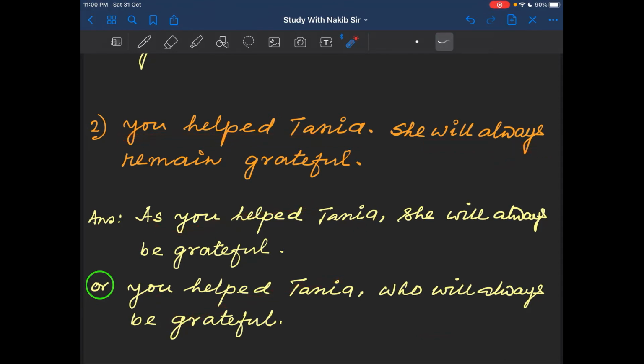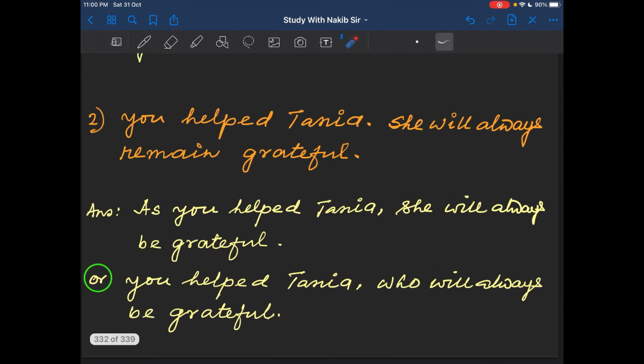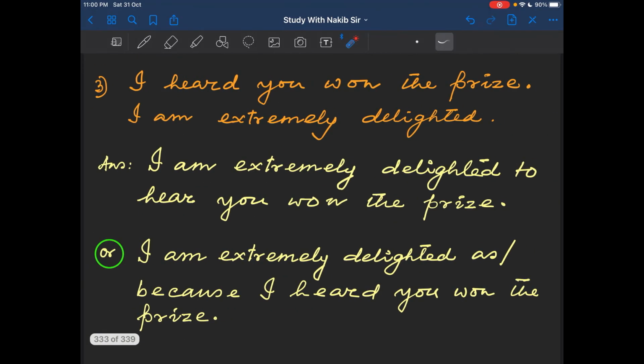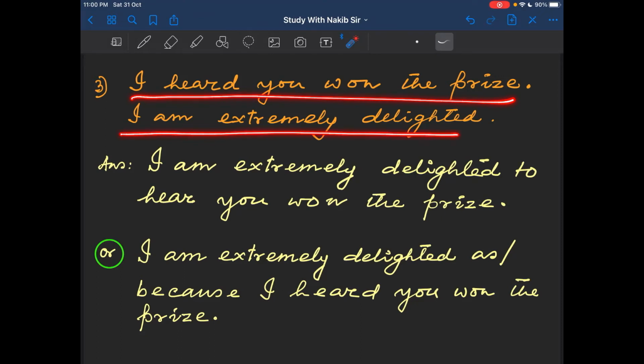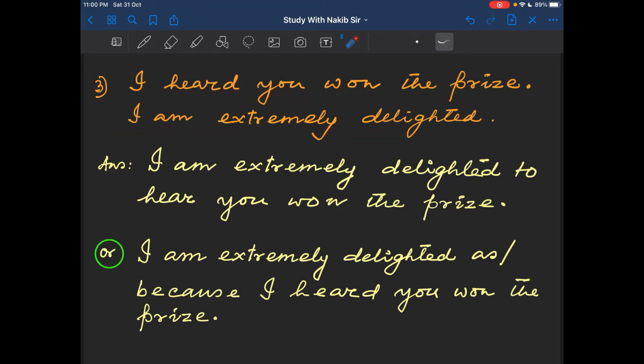Okay. Now come to the third question. The question is, I heard you won the prize. I am extremely delighted. Here again the relation is very simple. One is the cause and this one is the result or effect. So use as or because, or a gerundial infinitive and a noun clause as its object.